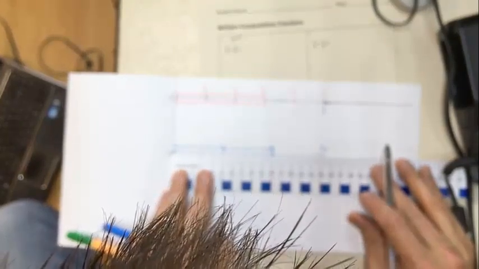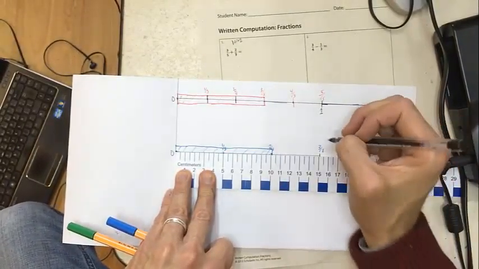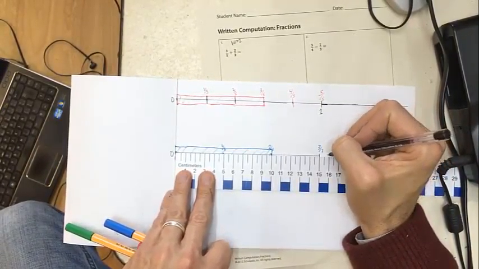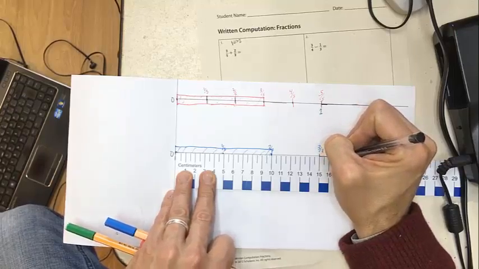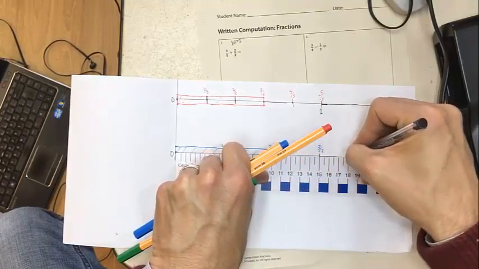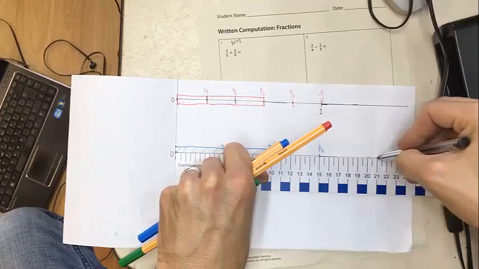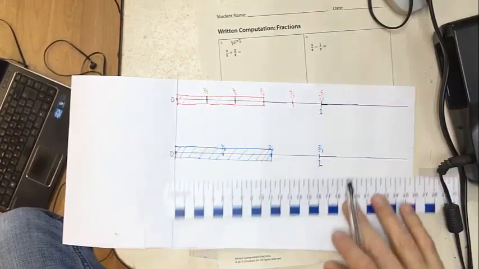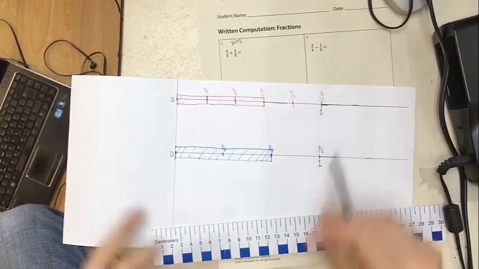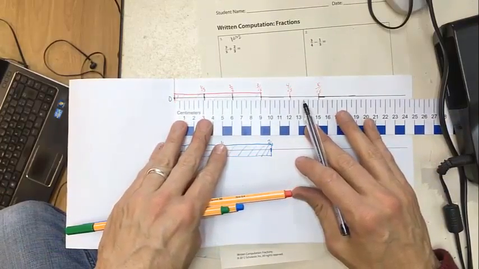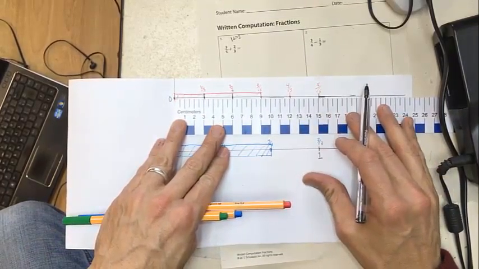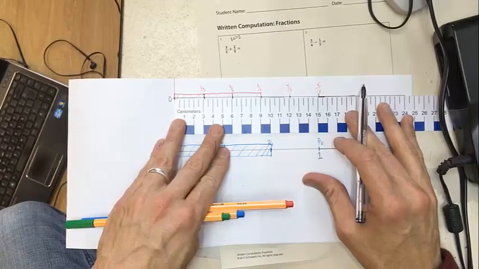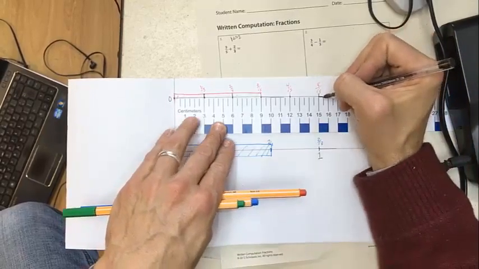Why does that look like it's curved? Probably is. And I stopped around 24. Okay. All right, so I had done this by fifths up here. If we remember, that was every 3 centimeters. So I'm going to keep going. So here's 15 centimeters.